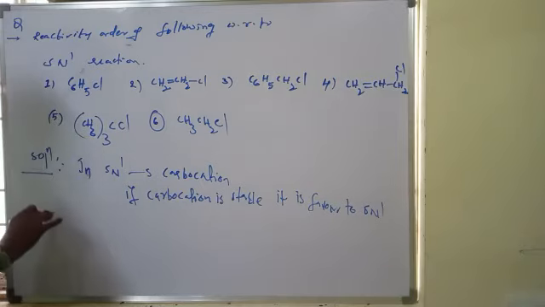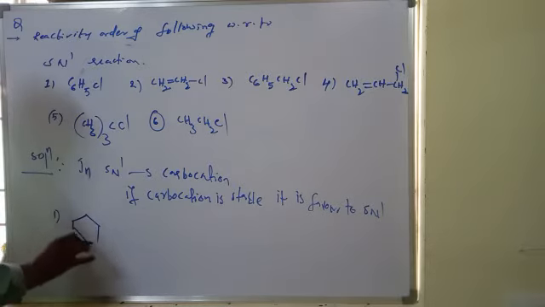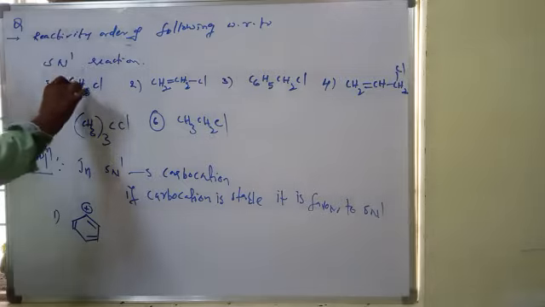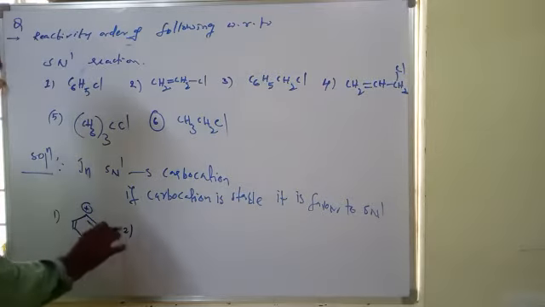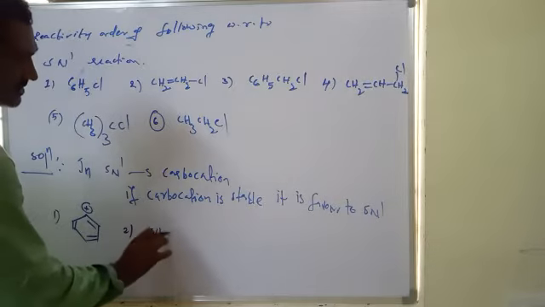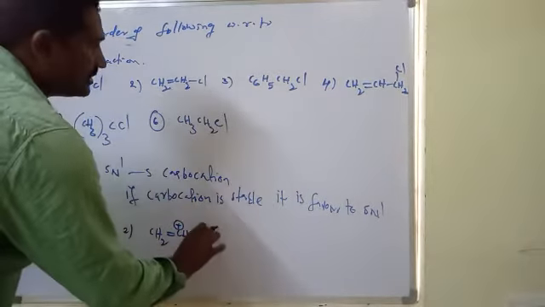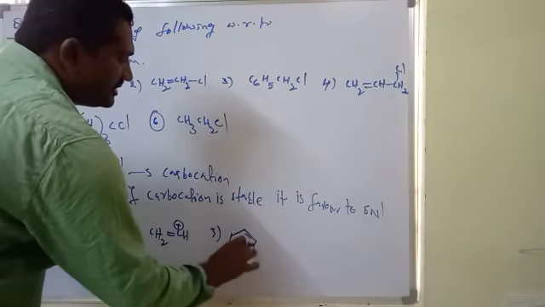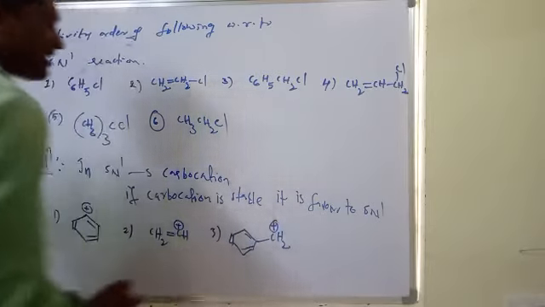In the first option, C6H5 is nothing but a benzene ring. After elimination of chlorine, the positive charge is on the ring. Option 2 is vinyl, CH2=CH plus. The third option is benzyl, where C6H5 is the benzene ring, and this is the carbocation.